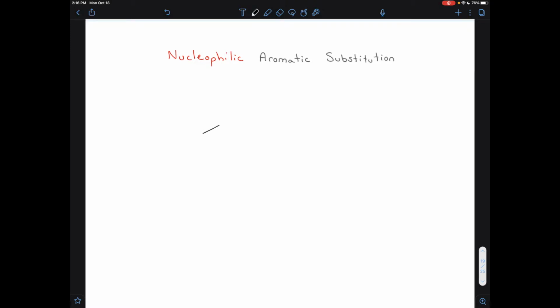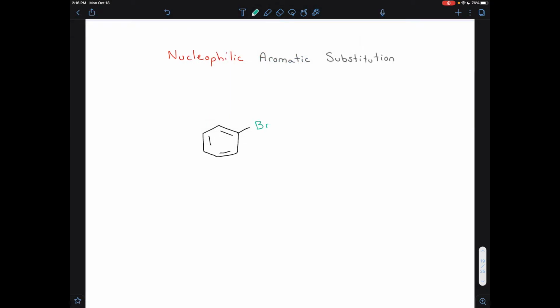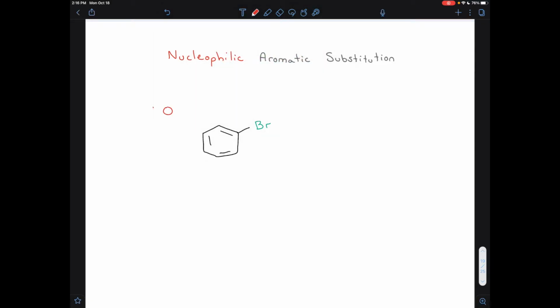In other words, you would normally see something like a benzene ring or some other ring, and it would have a leaving group on it like a halogen, some big atom that can act as a leaving group, and a nucleophile, like a classic nucleophile would be hydroxide, with its 3 lone pairs and full negative charge, would come in and attack the carbon that has the leaving group on it and kick the leaving group off.